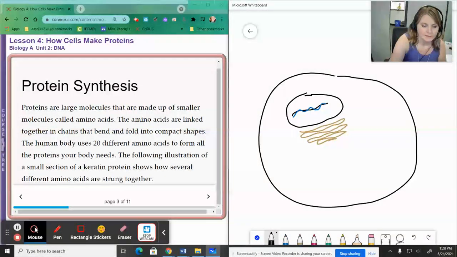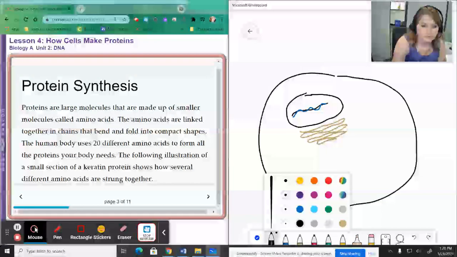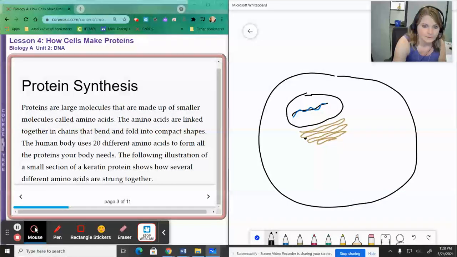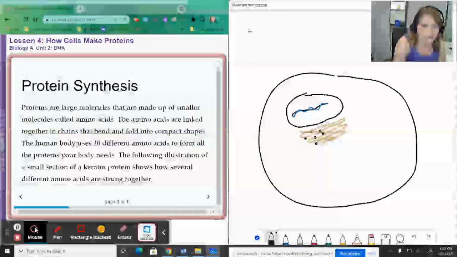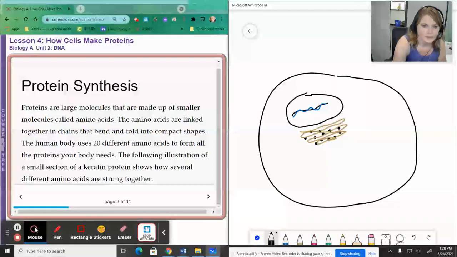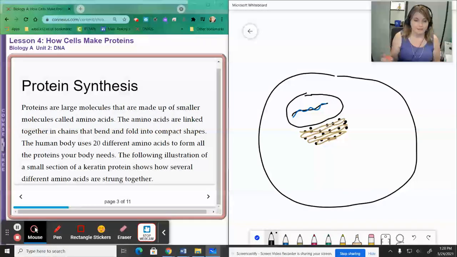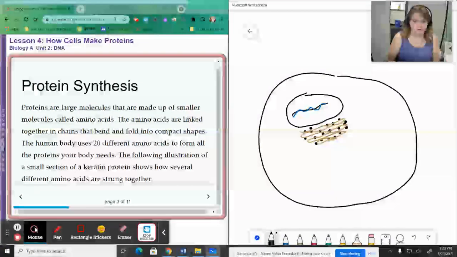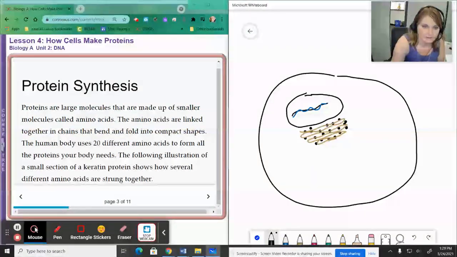On the rough endoplasmic reticulum are these little things called ribosomes, and they are all over. It's called rough endoplasmic reticulum because the ribosomes are bumpy, kind of like sandpaper, so it looks rough in appearance.